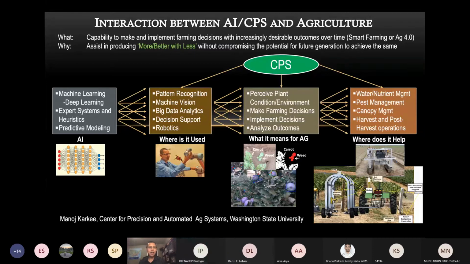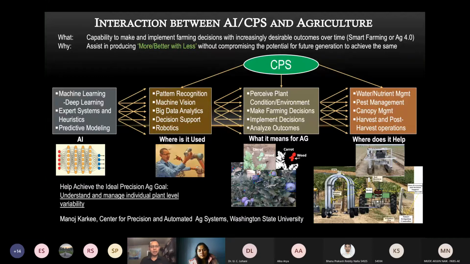So in such a way, artificial intelligence, robotics, and cyber physical systems interact very closely together to help us be better in managing resources so that we can achieve the goal of producing more and better quality food and other agricultural products with as little input as possible.